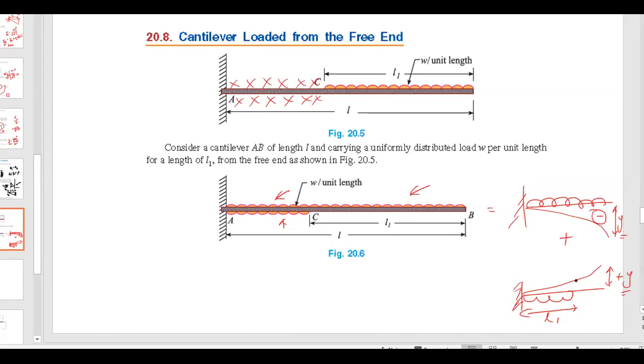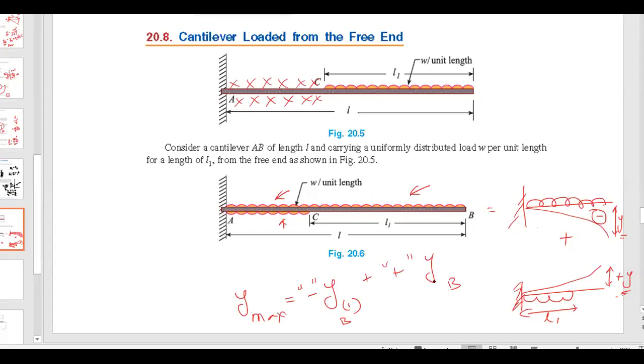But what you need to remember here is that Y max is equal to the deflection from the first case, the total UDL, which is a negative deflection, and the second loading gives a positive deflection.